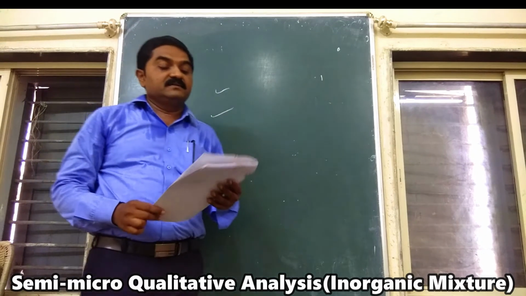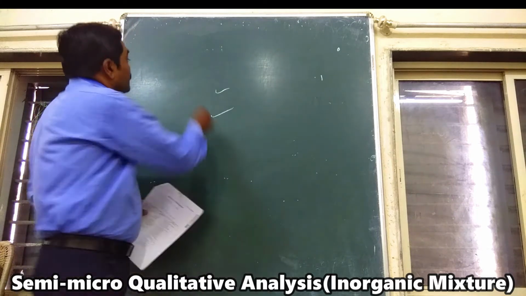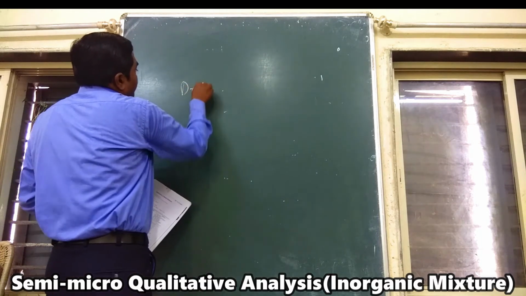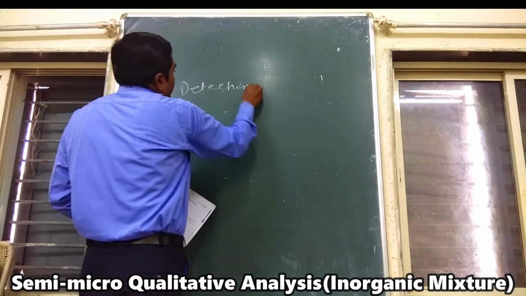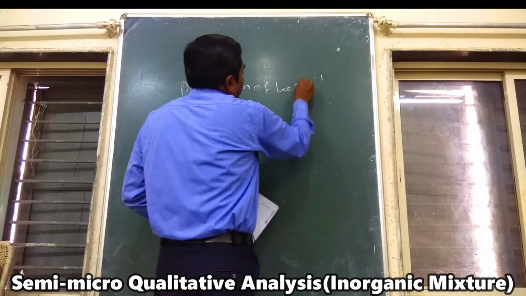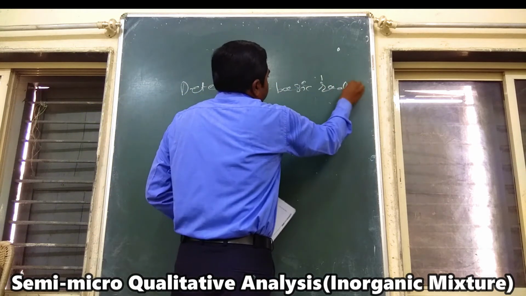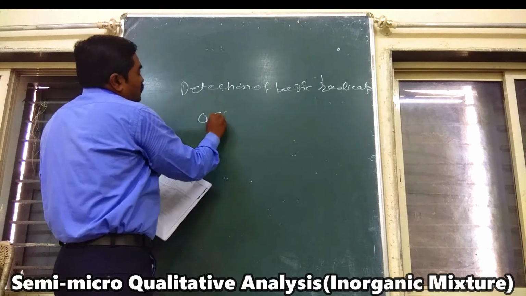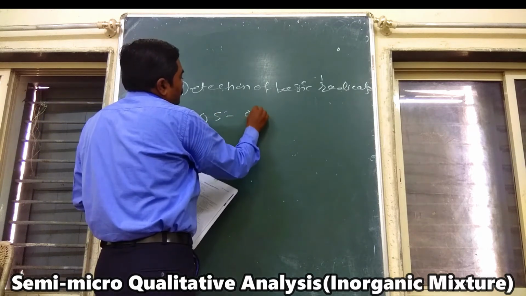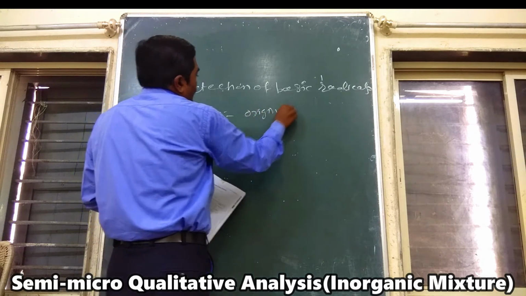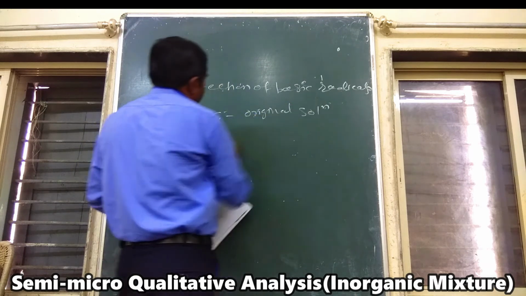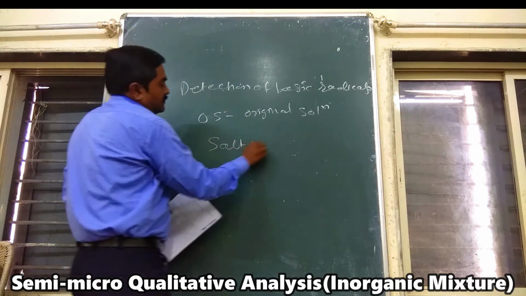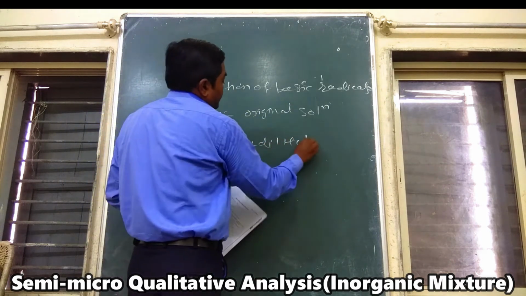Okay, the next part is detection of basic radicals. Here it is OS, which means original solution, that is salt plus dilute HCl.